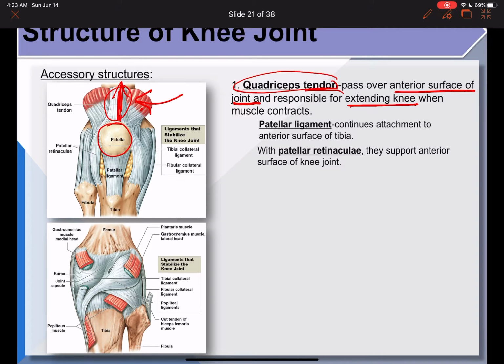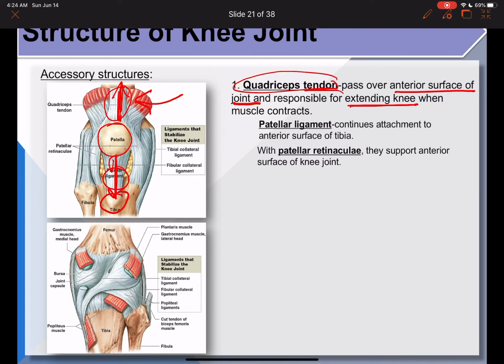It's called the patella ligament that goes downwards this way and then attaches to the tibia bone via the tibial tuberosity right here. And that's why we had you identify that particular bone marking on the tibia bone. And remember that when we mentioned the importance of bone markings that protrude on the bone, it's usually areas where tendons or ligaments attach.